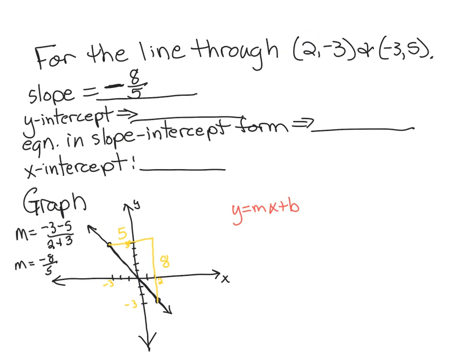And this point, my y value is -3 and my x value is 2. So my y value is -3. My slope is -8/5. My x value is 2, plus b. Notice that the only thing that I have to figure out now is b.